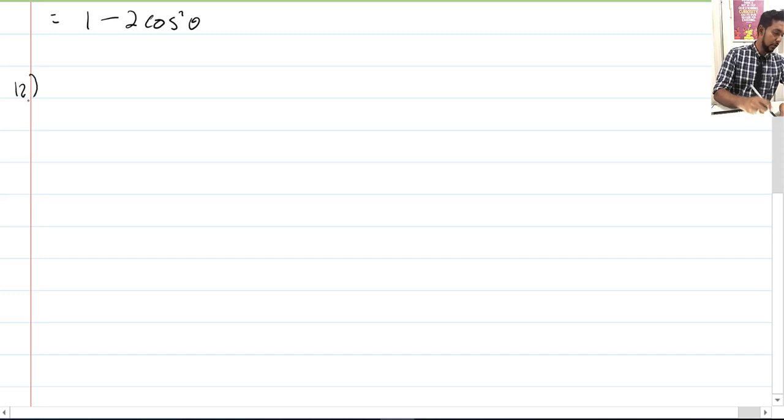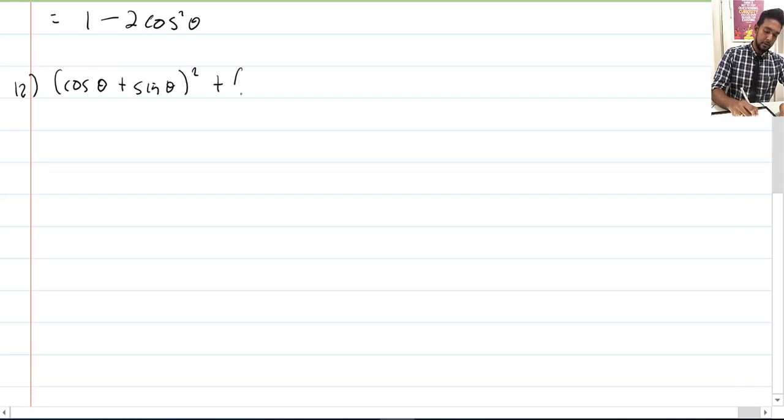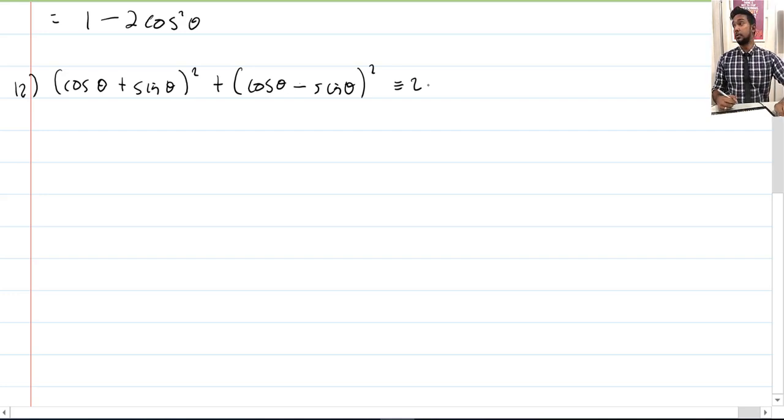Alright, number 12 now. So here we have cos theta plus sine theta all squared plus cos theta minus sine theta all squared, and that's identical to 2. So this has to boil down simply.